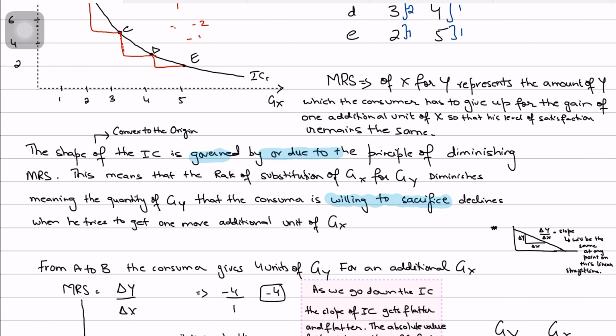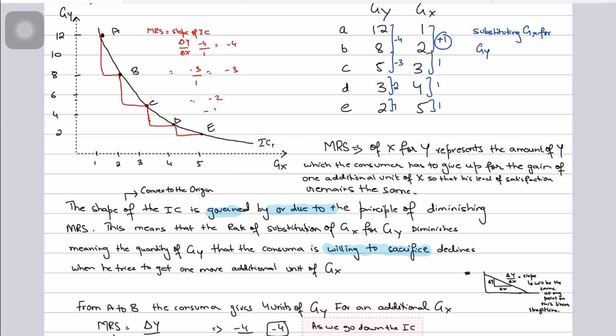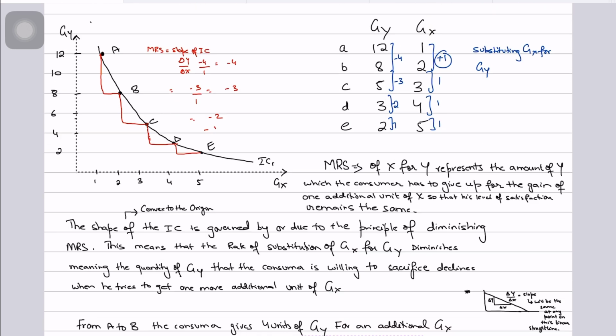Then if he is moved from B to C for one more x, how much is he now willing to forego? As he moves C to D, how much is he now willing to forego good y for one more x, right? Because satisfaction हमें equal करनी है, indifferent करना है सारे combinations पे, right?